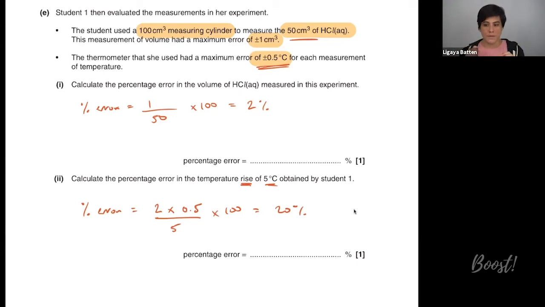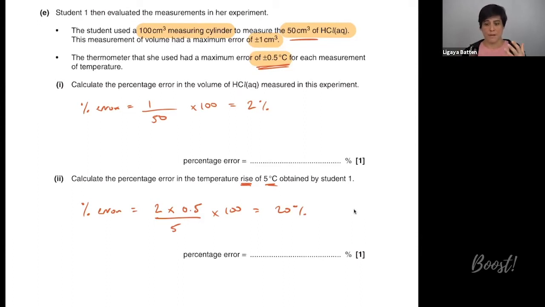So the 1 centimeter cubed was a much smaller proportion of the 50 centimeters cubed that we were measuring. And this gave us a smaller percentage error. So in general, again, another thing you can think about for improvements is making sure that the equipment that you're using is the appropriate size for what you're measuring.